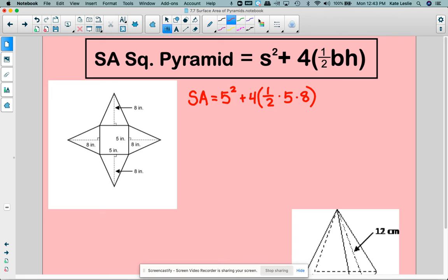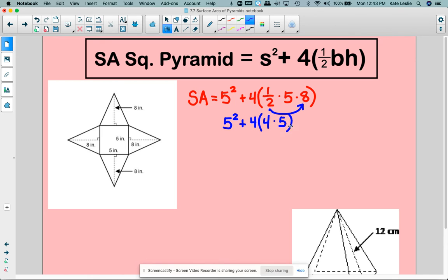Okay, this is where I tell my students, think smart. It's not maybe as easy to find half of 5 as it is to find half of 8. It's a lot easier to find half of an even number, so do that if that makes things easier. If you want, you can do half of 5 and get 2.5 and do 2.5 times 8. But if you don't have to work with decimals, I strongly encourage you not to. So we have 5 squared plus 4 times, we're going to find half of 8, which is 4. Nice and easy. Bring down the times 5.